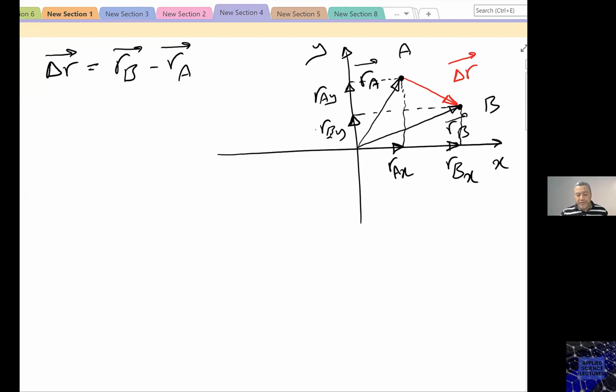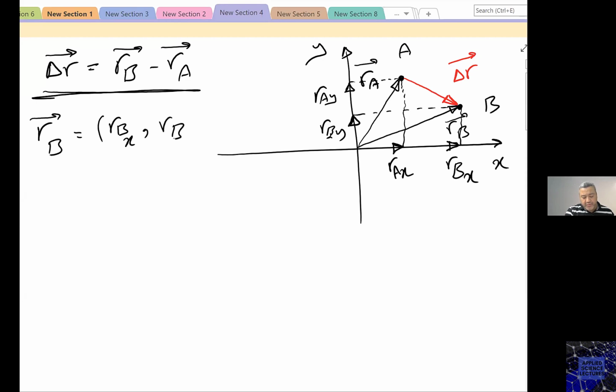So for me, in order to calculate the difference between RB and RA, I apply this mathematical operation on its projections. What does this mean? I can say that RB here is made of RBX, RBY.